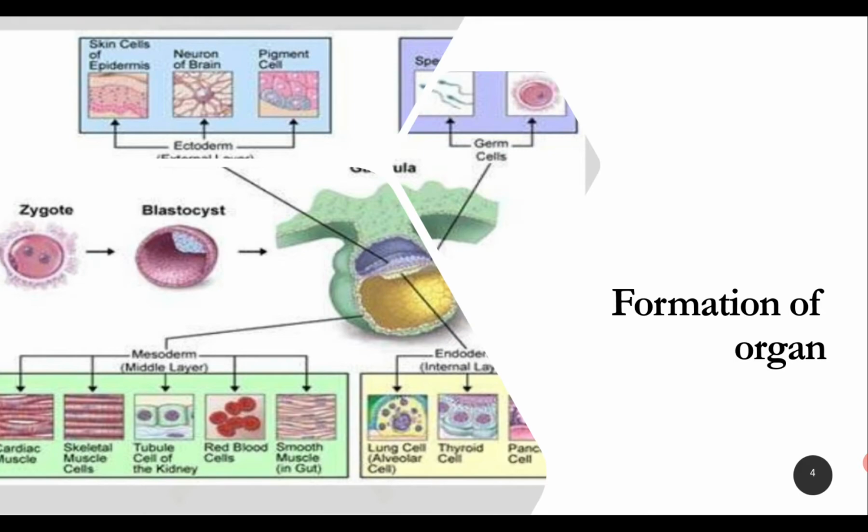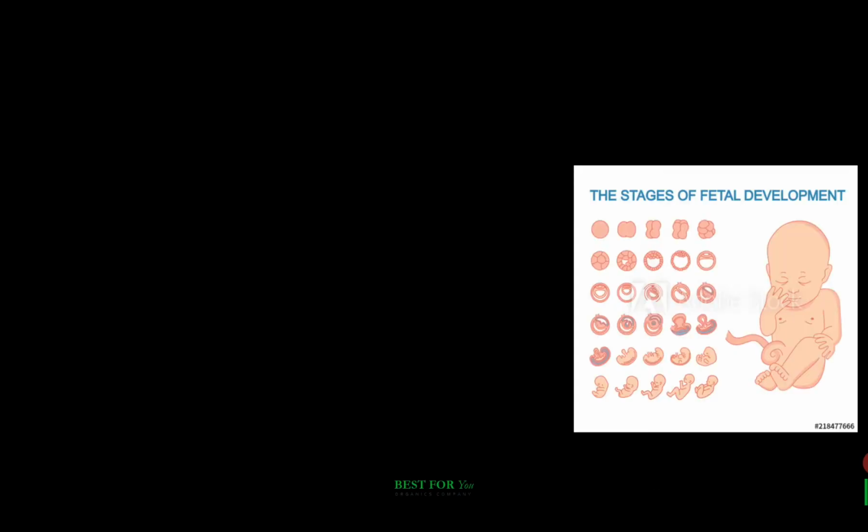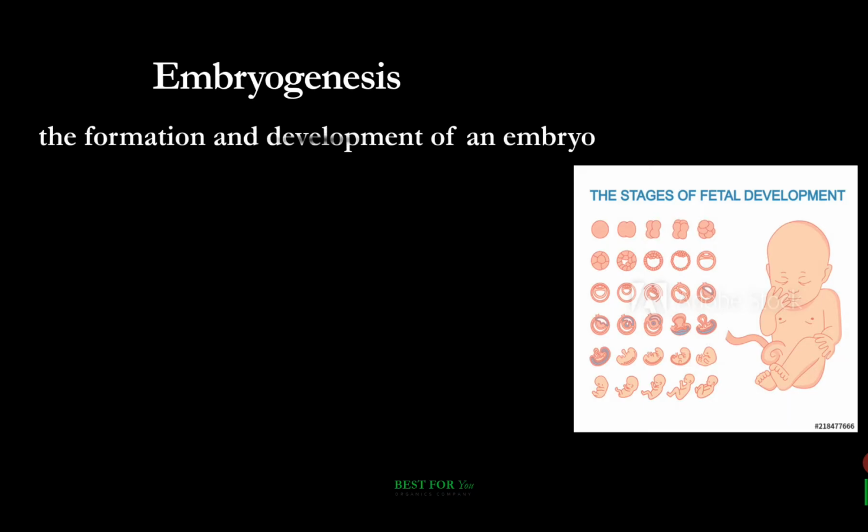As the name suggested, each of these tissues and cells will specialize to become a specific structure which conducts a specific function, known as an organ. So the formation of the embryo and its development is called embryogenesis, as the name suggested. Genesis always refers to the synthesis or the formation, and the embryo, of course.